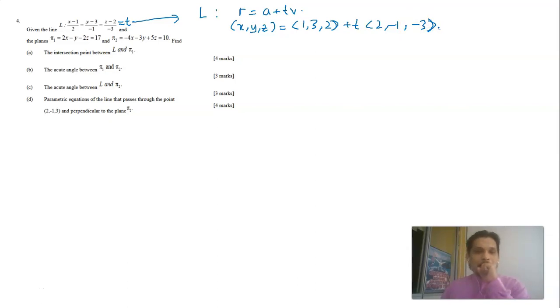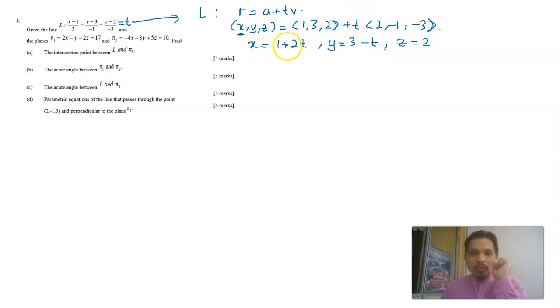Where x equal to 1 plus 2t, y equal to 3 minus t, and z equal to 2 minus 3t.